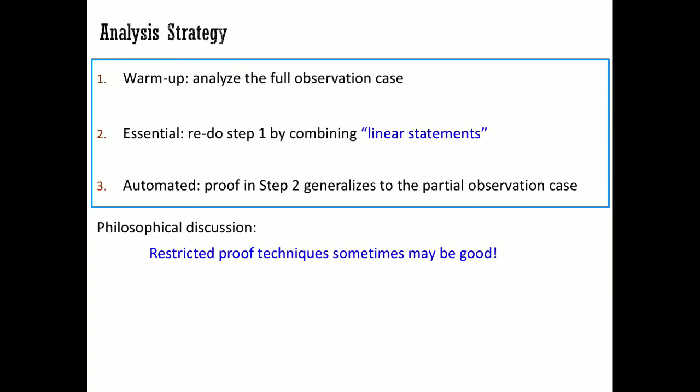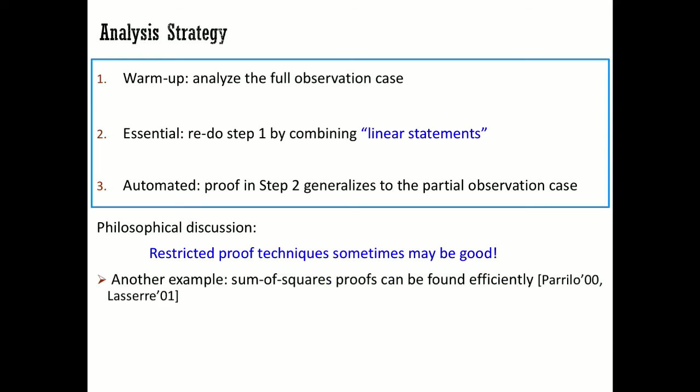So a philosophical discussion is that restricted proof techniques sometimes may be good. Here we restrict ourselves to using only linear statements. And the statistical gain we have is that the same proof will generalize to the partial observation case. And actually, this is also the same idea behind sum of squares proofs.